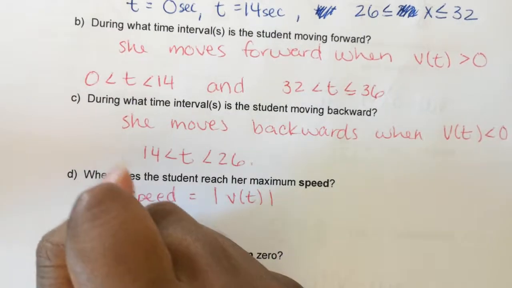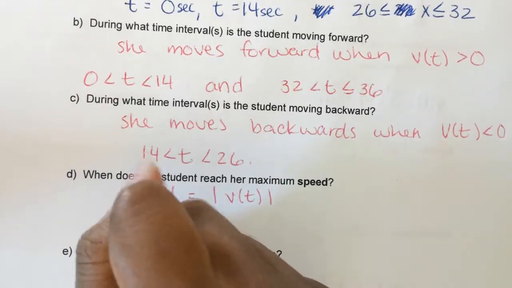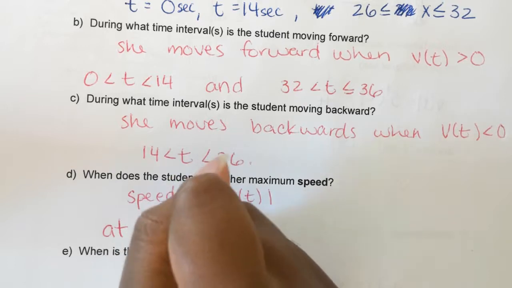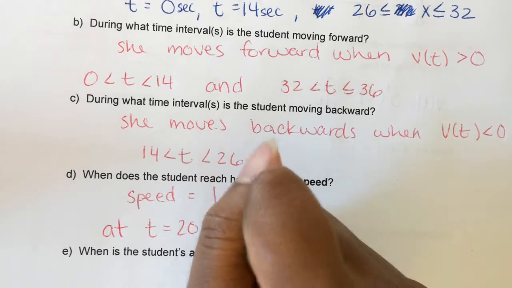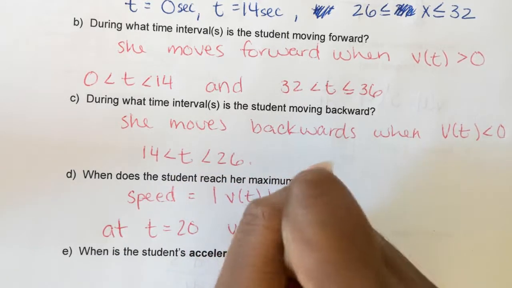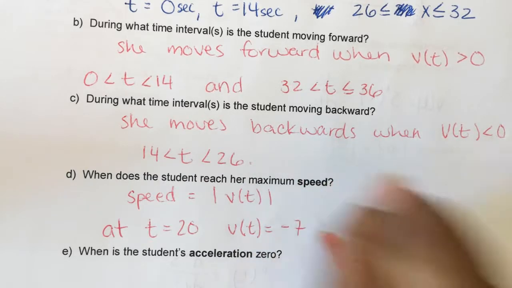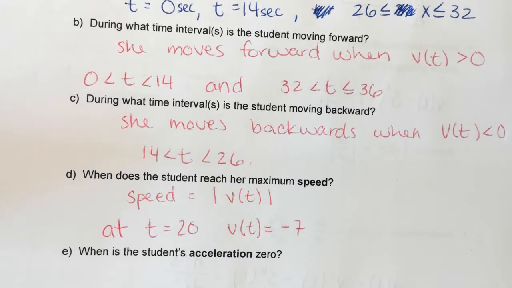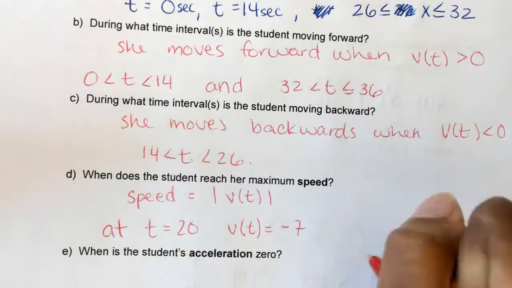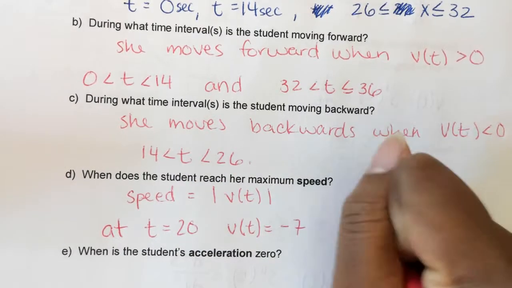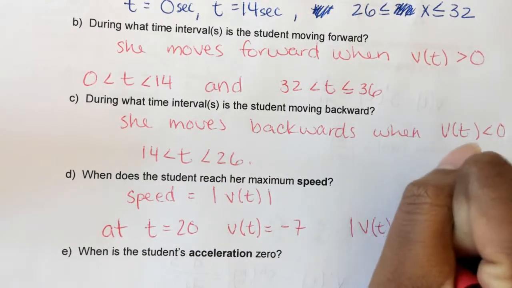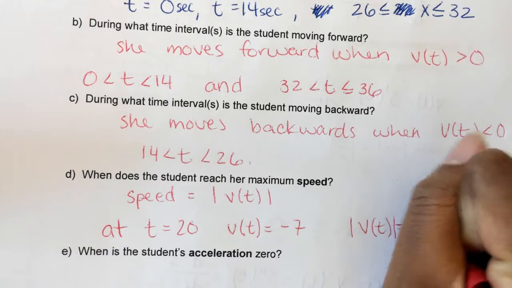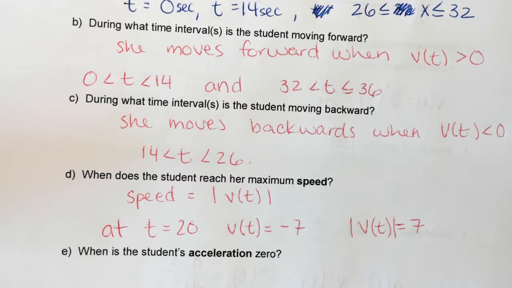Therefore, at t equals 20, v of t equals -7, the absolute value of v of t equals 7.